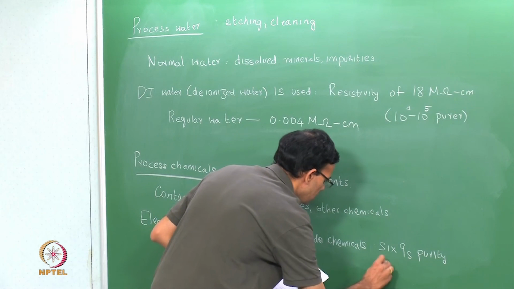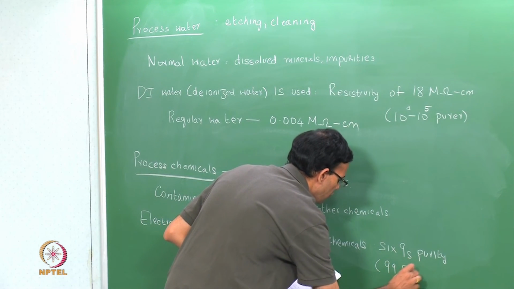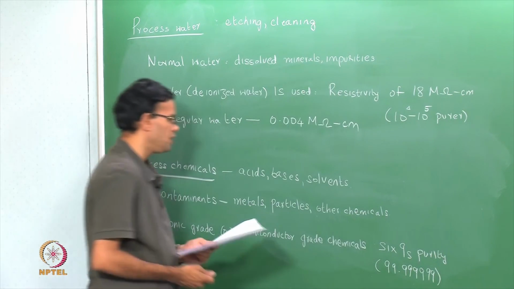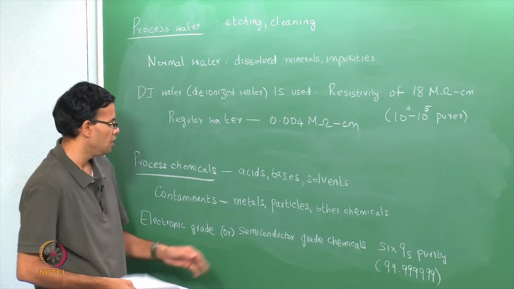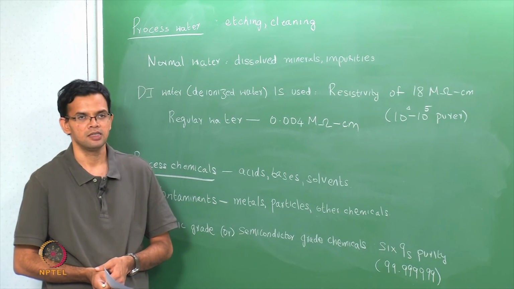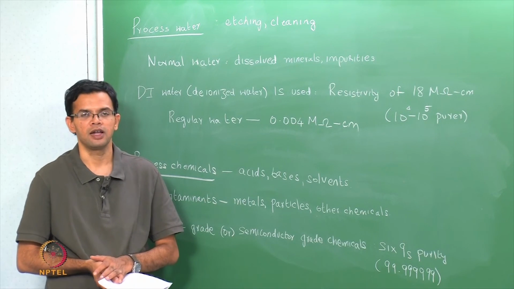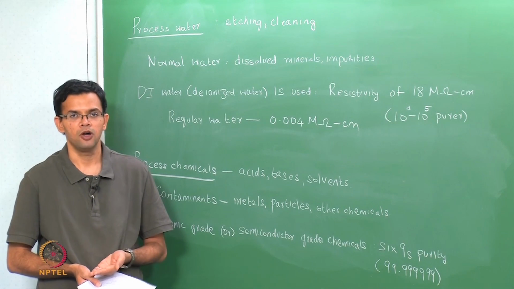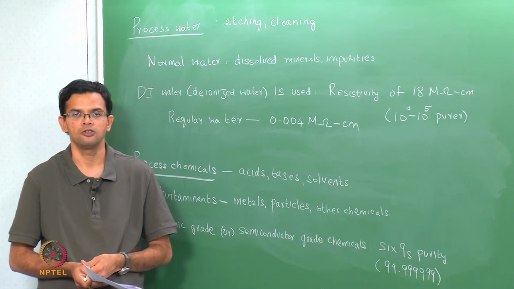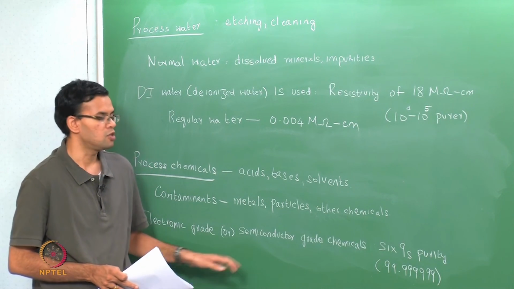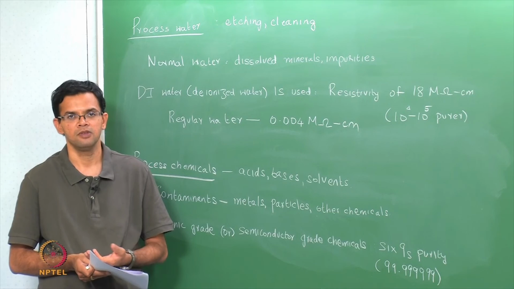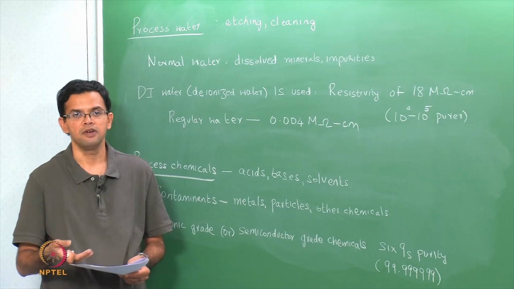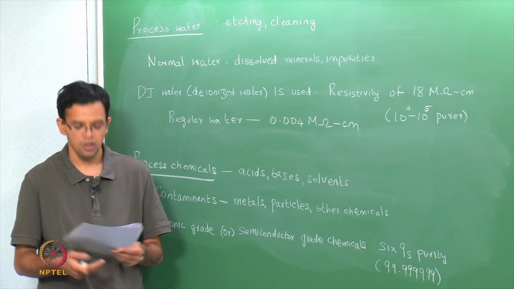When we say 6 nines, it is 99 followed by 6 nines. So, we essentially need high purity chemicals, not only chemicals but also gases, in order to make sure that there is no contamination due to the process chemicals. Not only the chemicals must be pure, but the chemical delivery system must also be pure. So, usually there is some sort of a bulk chemical delivery system called a BCD that is set up in order to make sure that the chemicals that are delivered to the various process equipments are all pure.